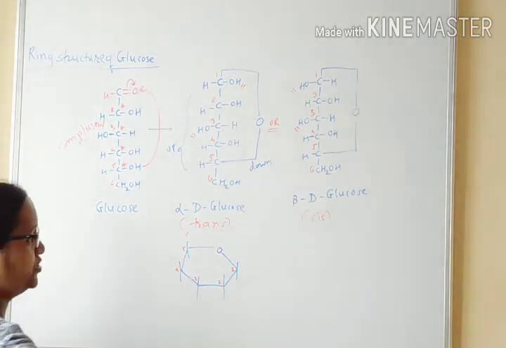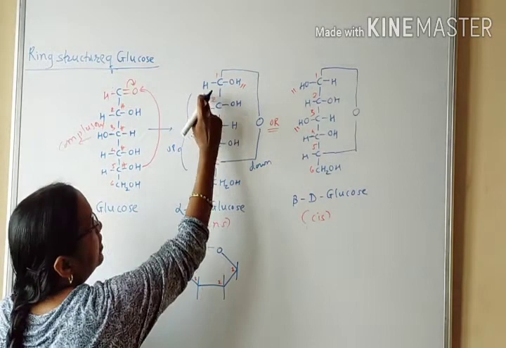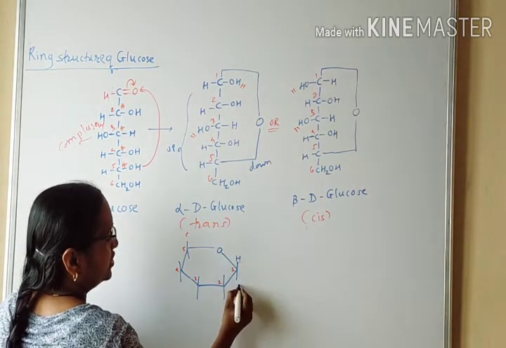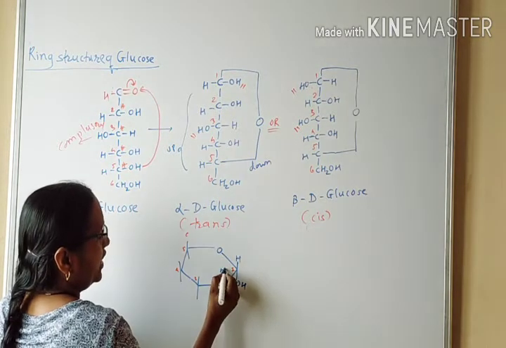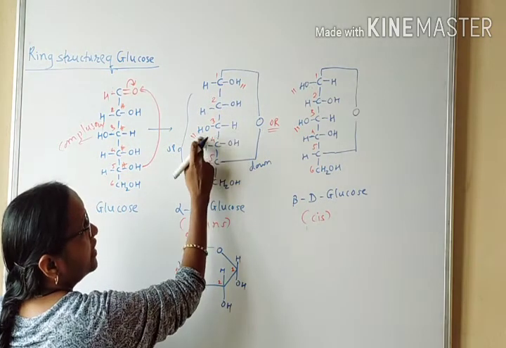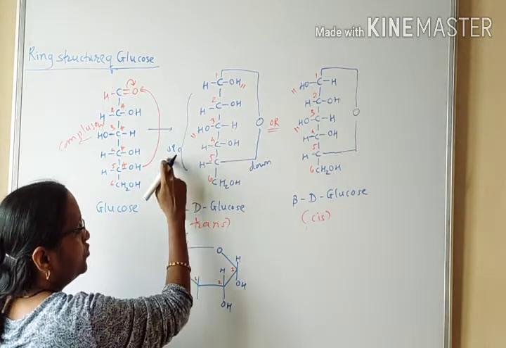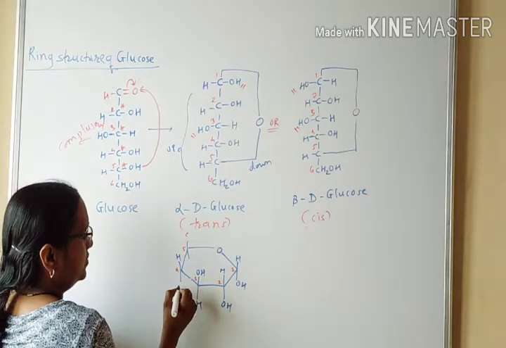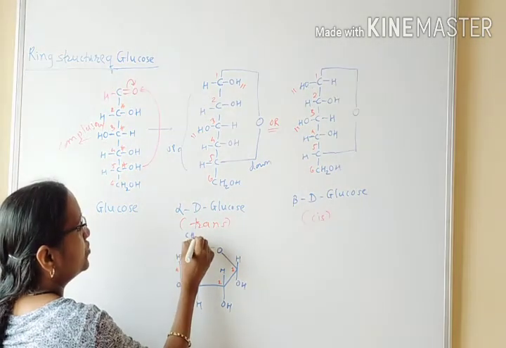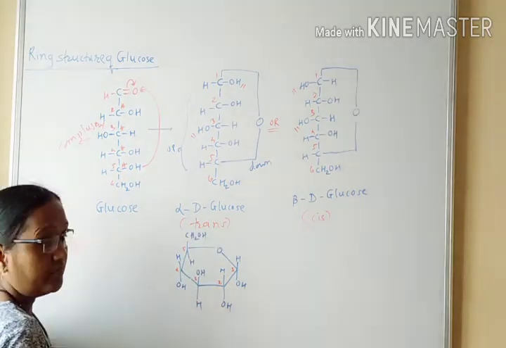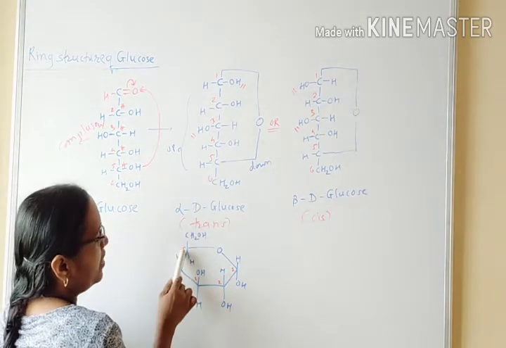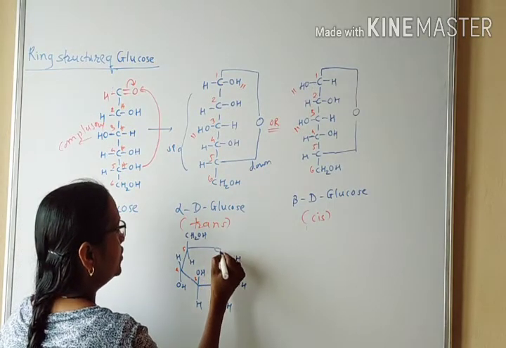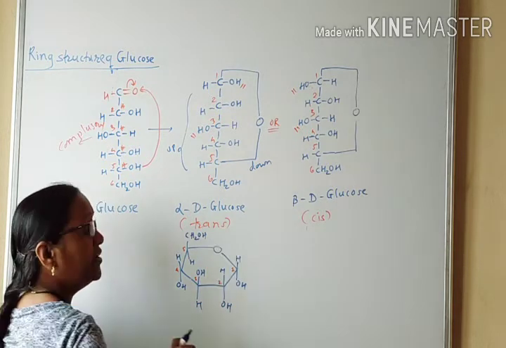For the first, H to the left side is up, so OH is down. In the second, H, OH. The third carbon atom, OH to the left side, so it will be up, so H. Fourth, up, here OH. The 6th carbon goes to this side, and H. And this O joins carbon 5 and carbon number 1, attached by the oxygen atom. So there is a formation of a 6-membered ring.